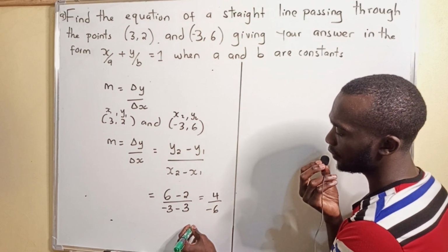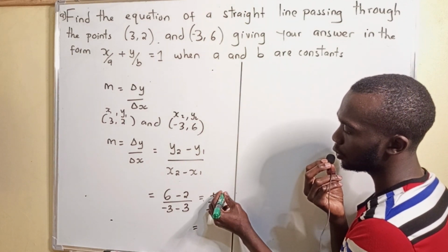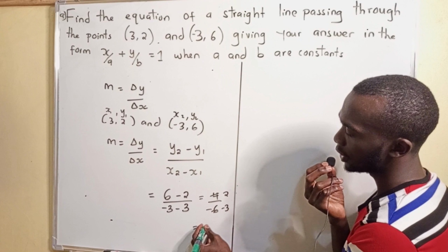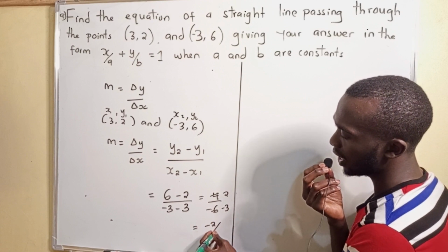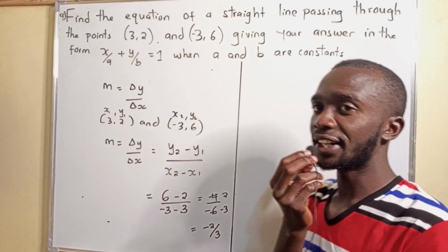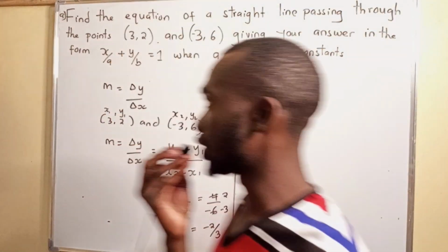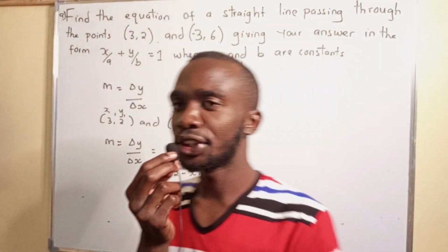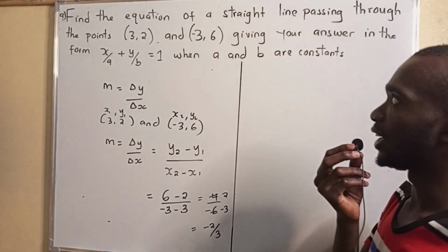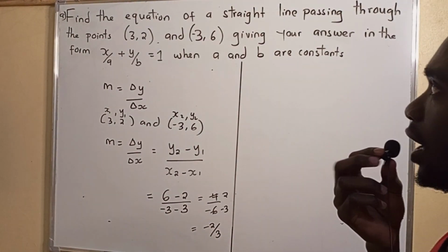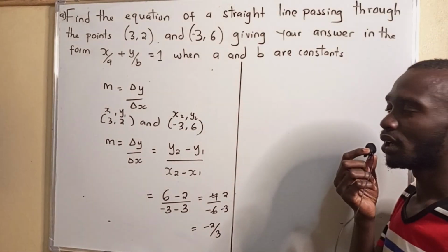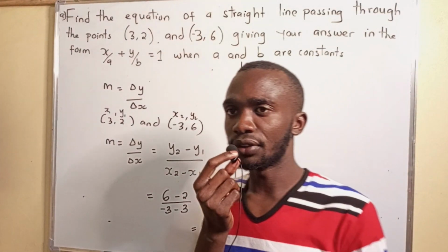Dividing by 2, we get negative 2 over 3. So the gradient is negative 2 over 3, for the straight line passing through the points (3, 2) and (-3, 6).